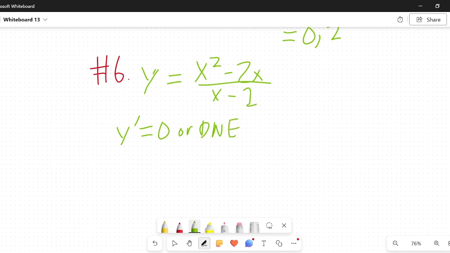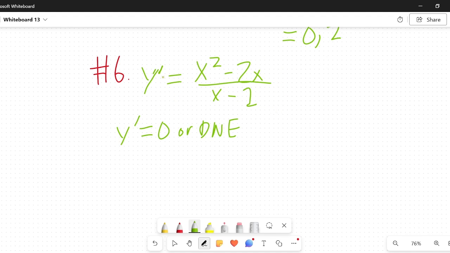So looking at this function, in order for y prime to be 0... Actually, in this case, just so we save ourselves a bit of work, let's say y prime is equal to this, right? So there'll be some function which generates this as its derivative.